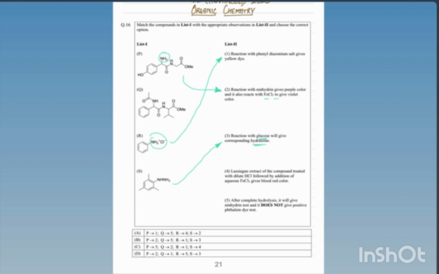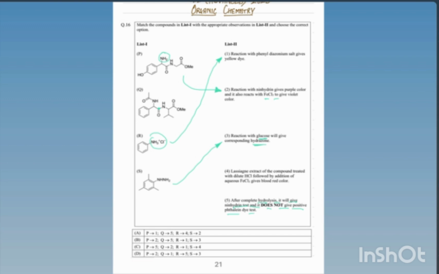The fifth statement says after complete hydrolysis, it gives the ninhydrin test and does not give the positive phthalein dye test. The ninhydrin test we have to see after hydrolysis. If you see here, we have an amide, and after hydrolysis, the amide will be broken into the acid and the amine.